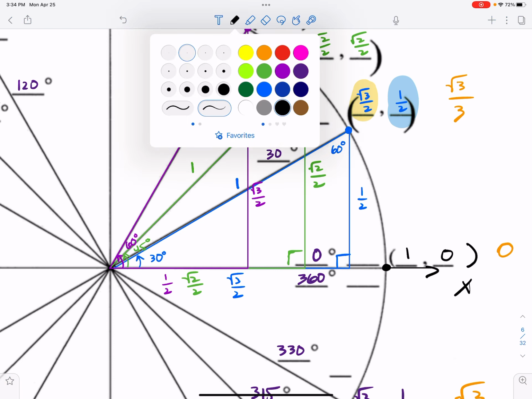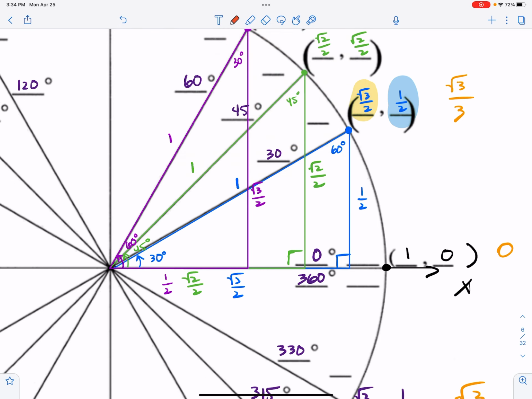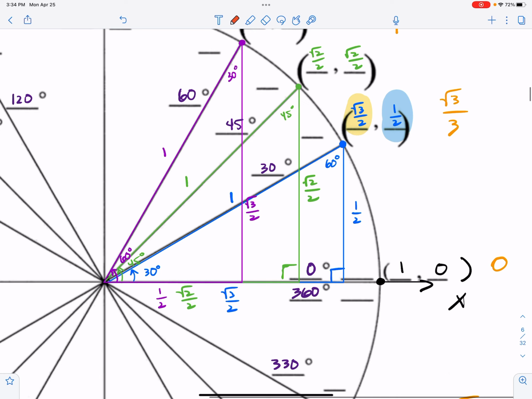So to fill out the values of these angles in radians, 0 degrees is going to end up being 0 radians.